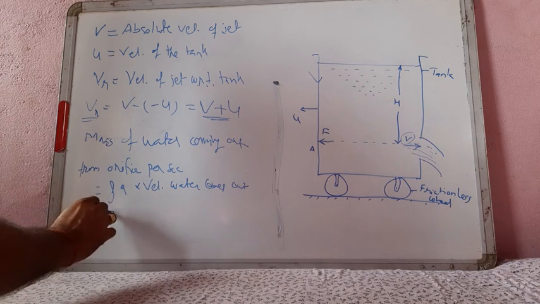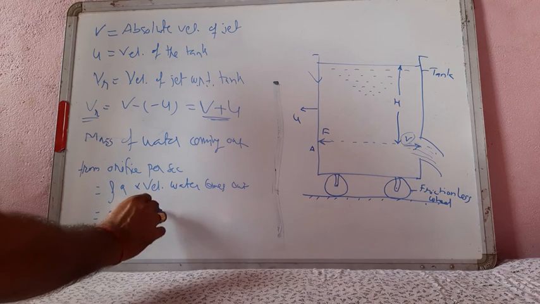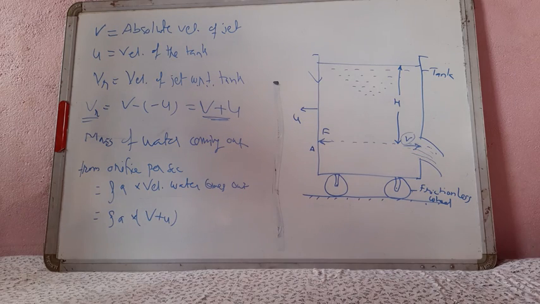So this is rho A into (V plus U), that is Vr, which can be written as Vr also.